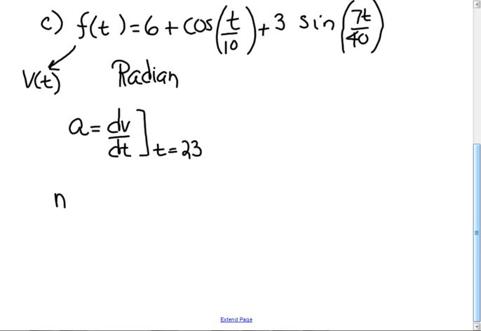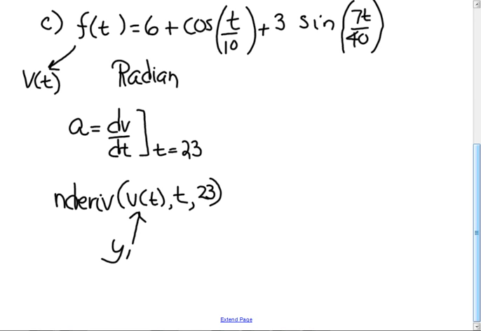So always in radian mode. nDeriv of my v of t, comma. Now I'm going to do x's on my calculator, but the variable in question is t, and then you're going to put in 23. I would put this into y1, because otherwise there's way too many parentheses. Do you want me to do that, or are you going to do it? You guys can do that.